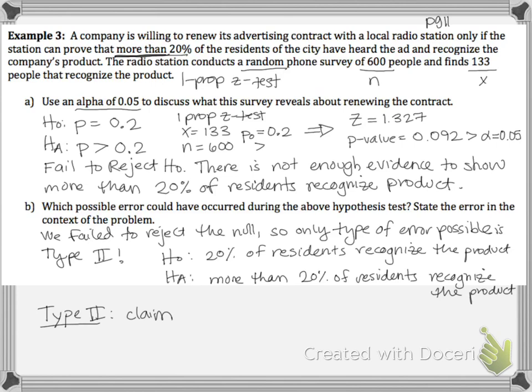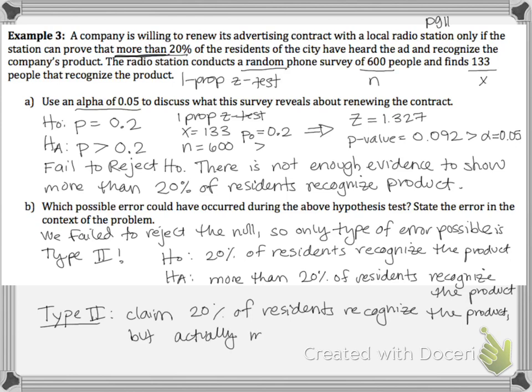That 20% of residents recognize the product. But actually more than 20% recognize it. Right? So we claimed that the percentage was the same, but it actually did go up.